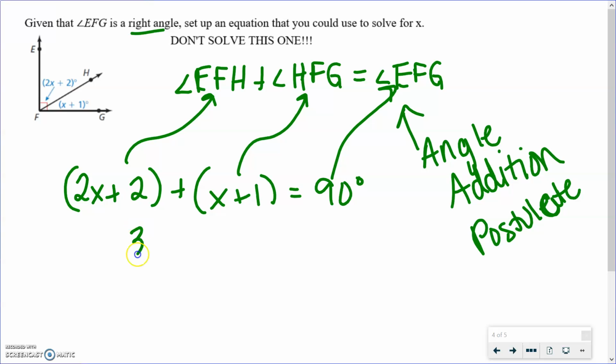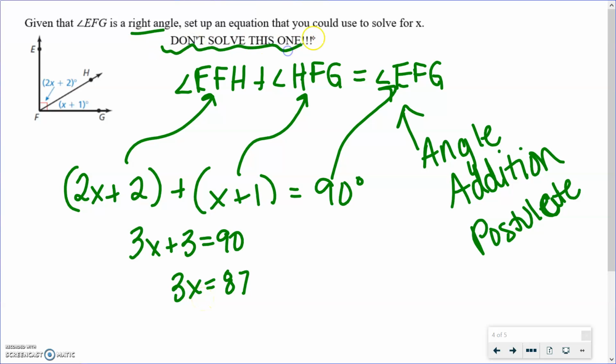And so then we can combine like terms and get that 3x is equal to 87. And so we don't have to actually solve this. I'm not following my own directions, but we can solve it. Okay, so 87 divided by 3 is 29. So we know that x is equal to 29 degrees. That is the value of x that would make that a right angle.